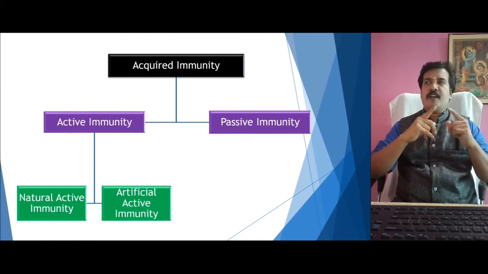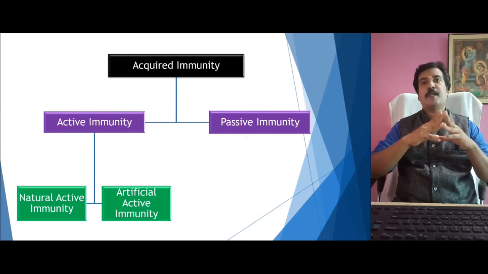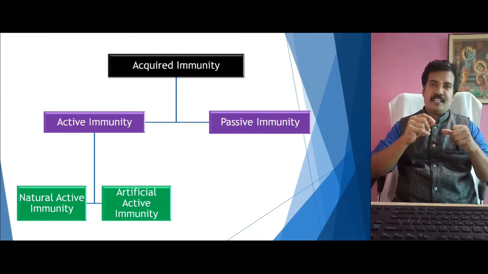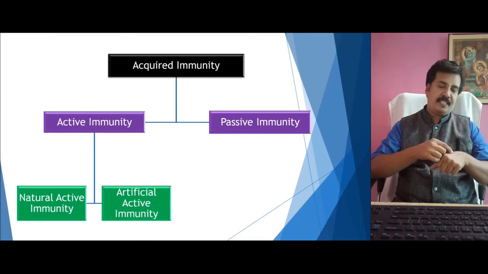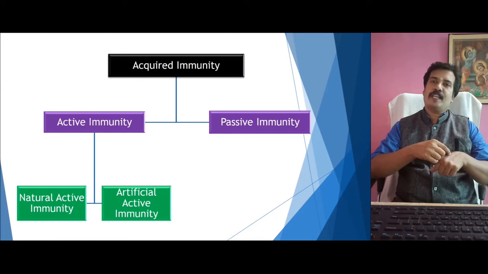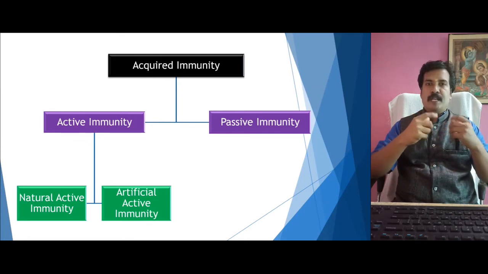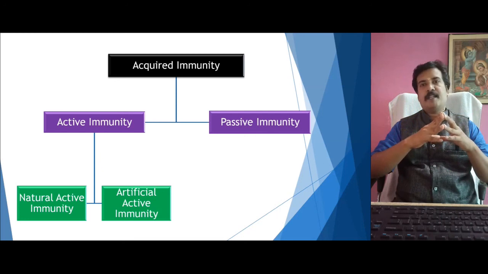If you see an artificial active immunity, we are inducing the body to produce antibodies by means of vaccination. So by means of immunization, we administer a small quantity of attenuated bacteria or virus, or killed bacteria or virus. Thereby our body gets stimulated. Once it encounters the foreign substance, our body has the caliber to defend against it.